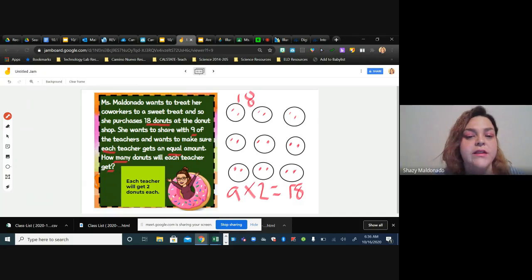And so I know we have 18 donuts. And to partition, or share, I use my division symbol. 18 divided by 9 teachers. And then we said that each teacher got 2 donuts. And so now I have at least 1 multiplication equation and 1 division equation to represent the story.